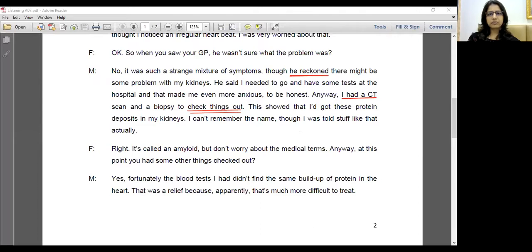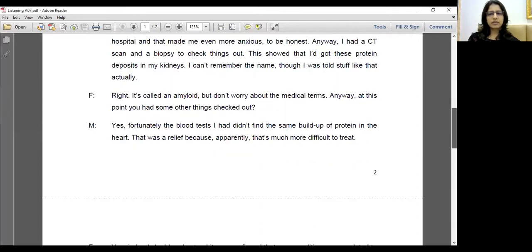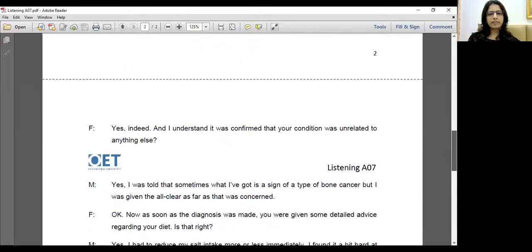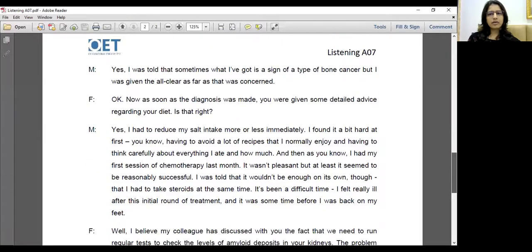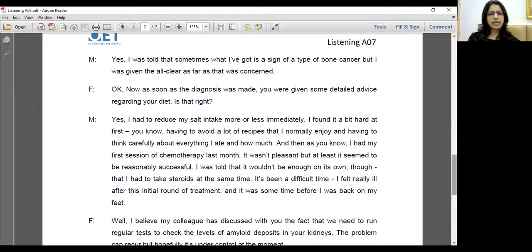Okay, let us find out other phrasal verbs. Yeah, look at this. The patient didn't say the link was ruled out, but he said "all clear." To give the all clear means to say that there is no abnormality.